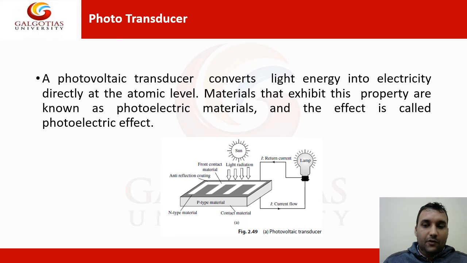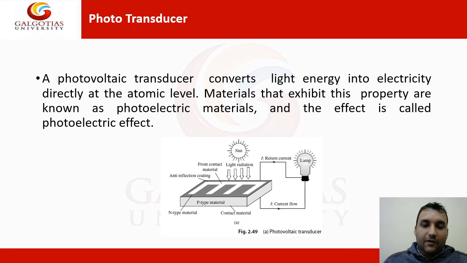Next is the photovoltaic transducer, which converts light energy into electrical energy directly at the atomic level. The materials that exhibit these properties are known as photoelectric materials, and this effect is called the photoelectric effect. As in this diagram, this is the sun, and the light radiation comes from it. This is the contact material, that is reflective type, and there is an anti-reflective coating there. This is p-type material.